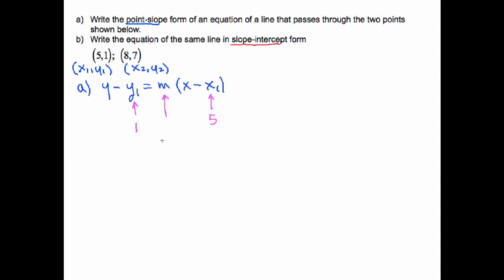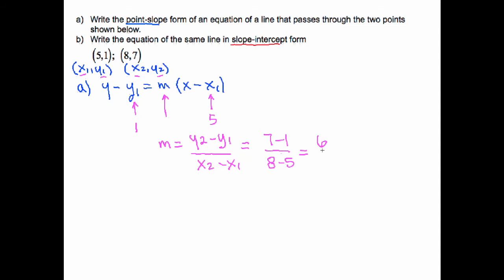So to find the slope, m is equal to y2 minus y1 over x2 minus x1. Change of y over change of x. Change of output over change of input. So y2 minus y1, that would be 7 minus 1. x2 minus x1, that would be 8 minus 5.